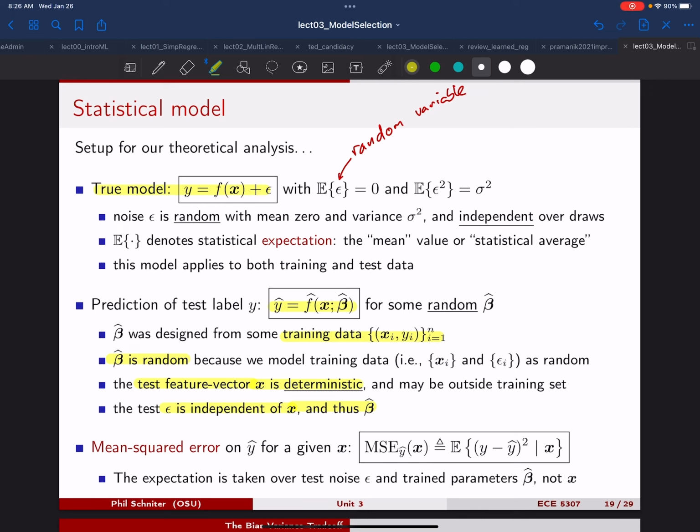And finally, the analysis we want to do is derive an expression for this mean squared error given this model, which is very similar to normalized RSS. It's just the statistical version of RSS over n.